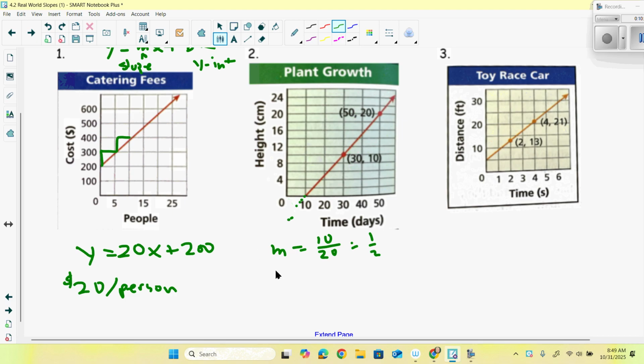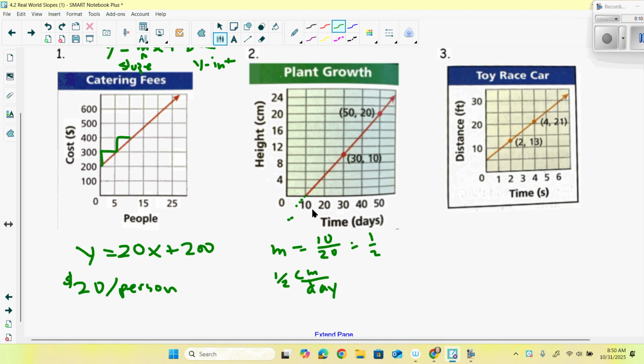So to answer this question, the slope is 1/2 centimeters per day, okay? And if I were going to write, I guess I'm going to try to move along here, but it's going to take a little bit of time here to figure out what that y-intercept is.